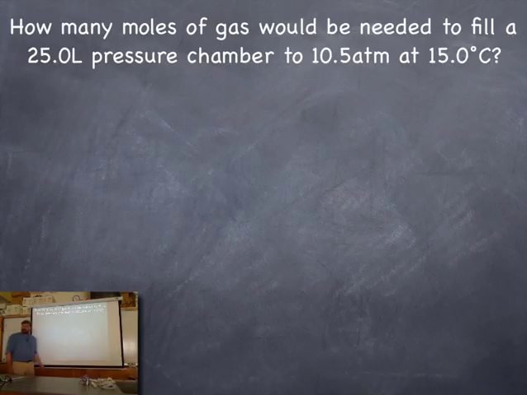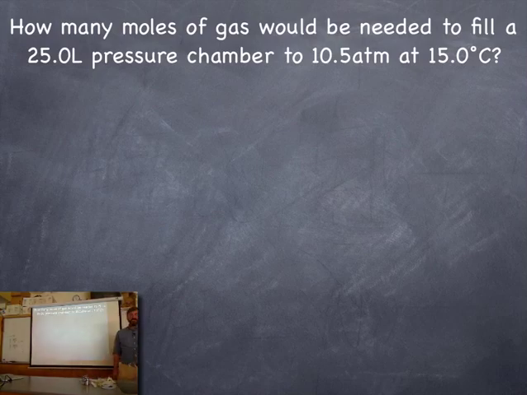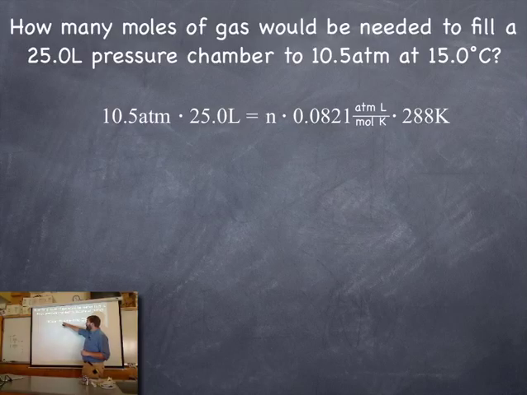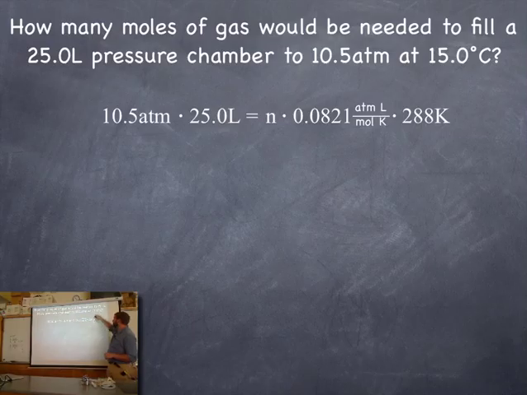So how are we doing? Got that set up? PV equals nRT. Pressure and volume we know. N we don't. R is always the same number. T, we took the 15 plus 273.